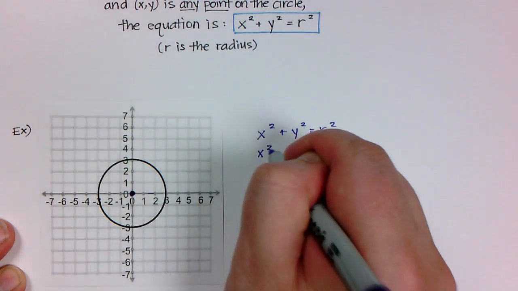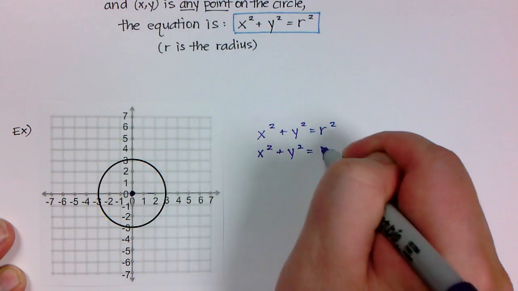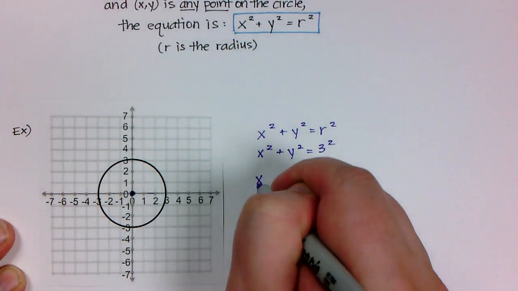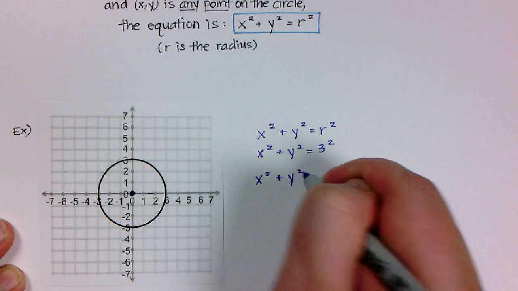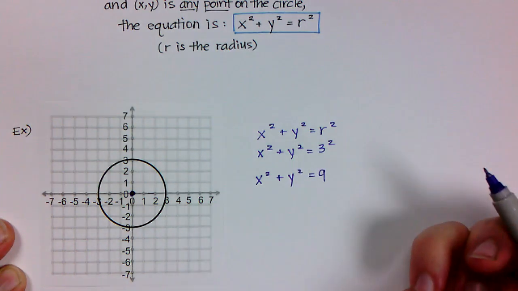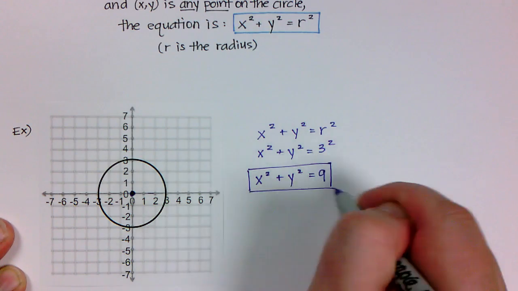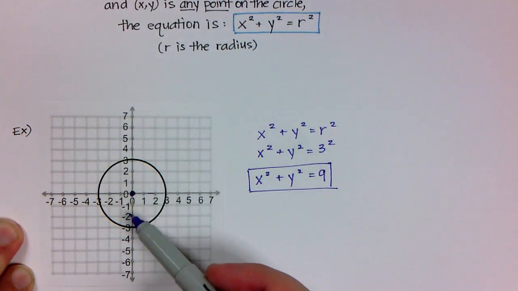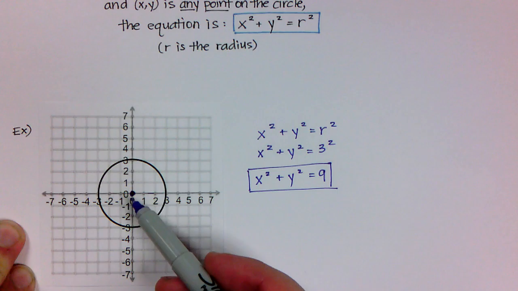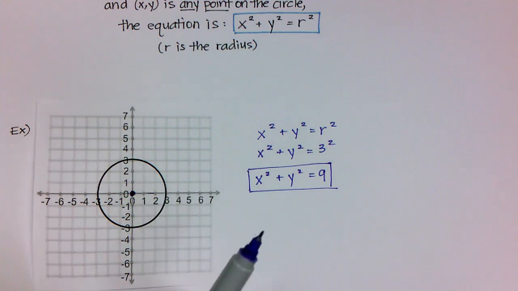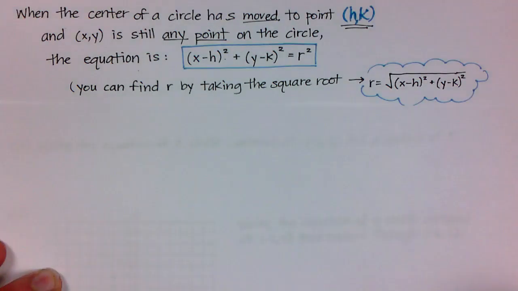So let's plug it in. x squared plus y squared equals 3 squared. So, to end my equation, x squared plus y squared is equal to 9. That would be the way to write the equation of this circle that's at 0, 0, and it has a radius of 3.